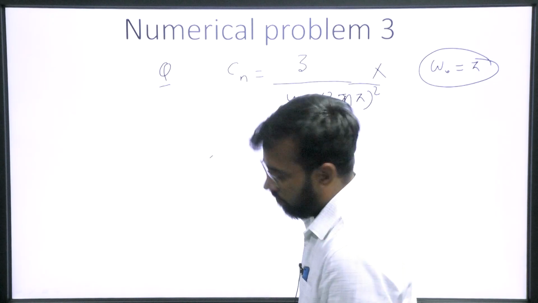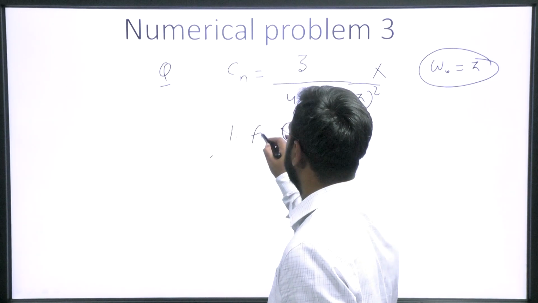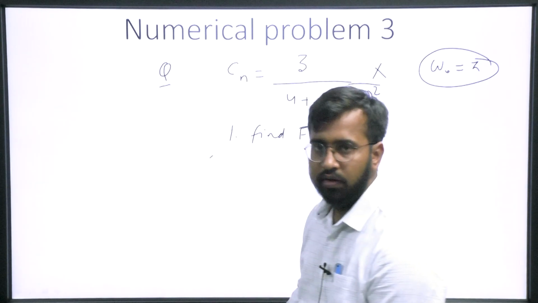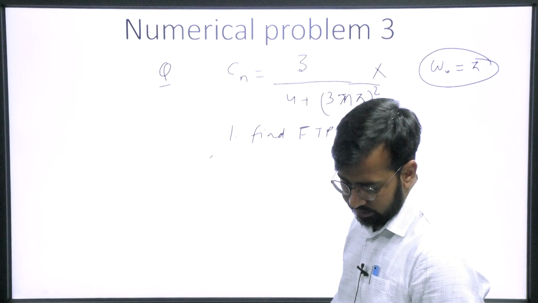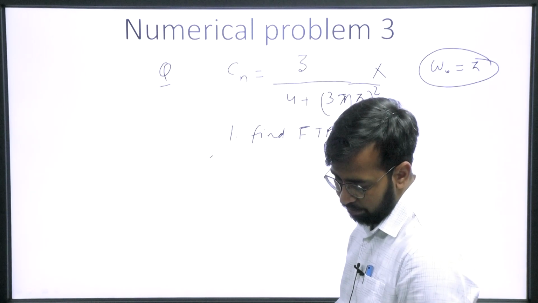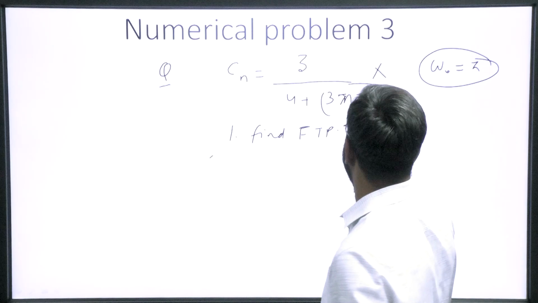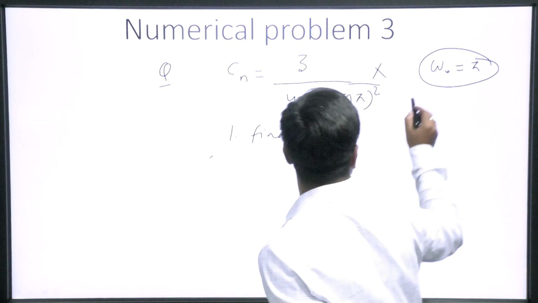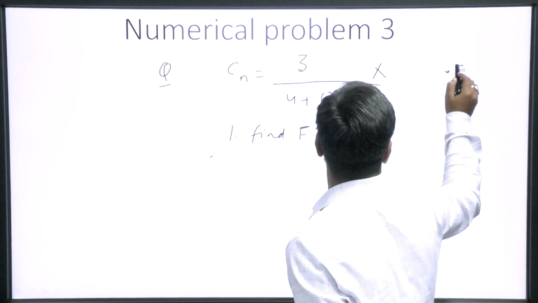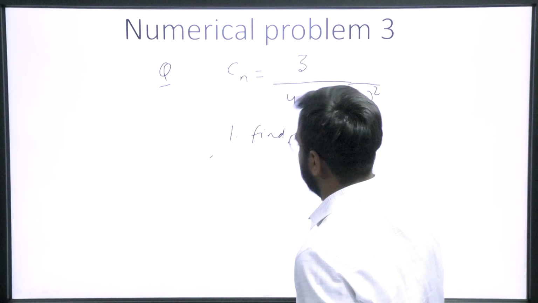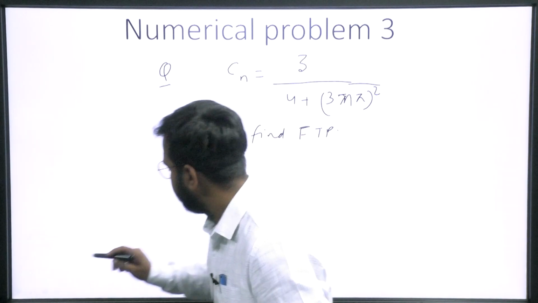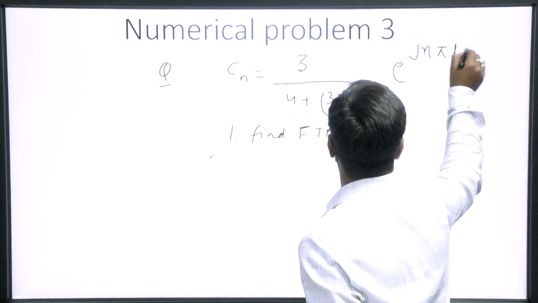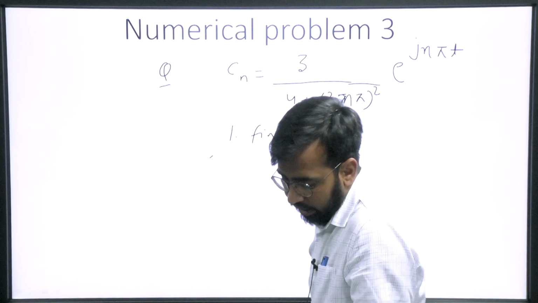So, it is asking two things: find FTP, means fundamental time period, and another thing, sorry, this question is like this, we are required to find e to power j n pi t, okay.